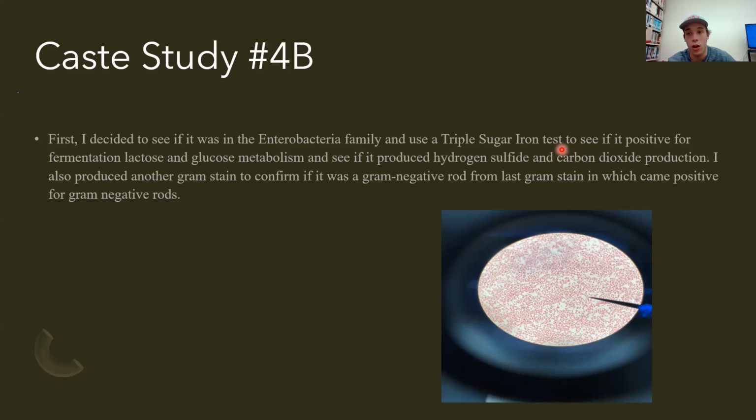I did another gram stain to make sure that it was a gram negative rod and not a gram positive rod, so that I can have clear, more accurate, efficient results. The gram stain came out positive for gram negative rods. As you can see here, there are tiny rods in clusters, so there's a lot of this organism.